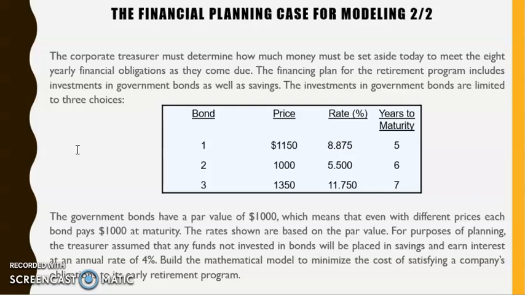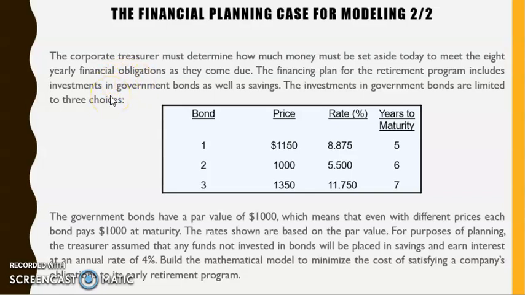The investment in government bonds is limited to 3 choices. As you can see in the previous one, everything starts from the beginning of year 1. Start from the beginning of year 1 to the beginning of year 8.